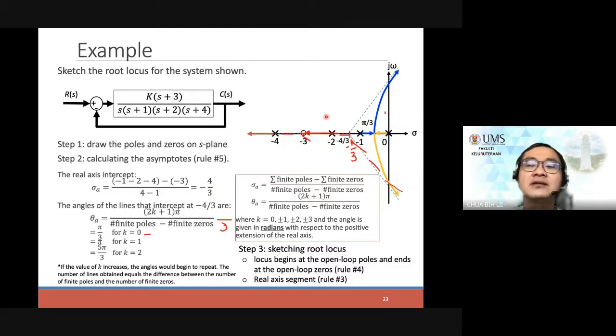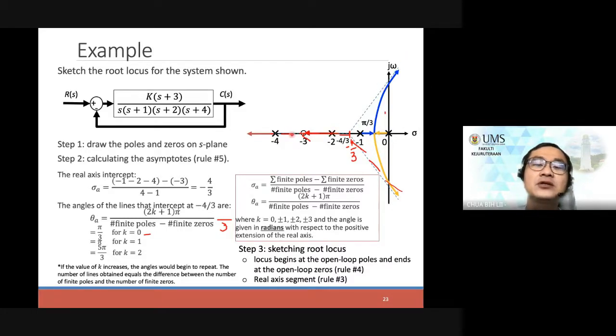Therefore, there are three asymptote lines to define the directions of the root locus. So eventually we have been able to draw this out, the blue line. When you start from this point, go to the right, and if they meet at this point, then one will go down and the other one will go up.